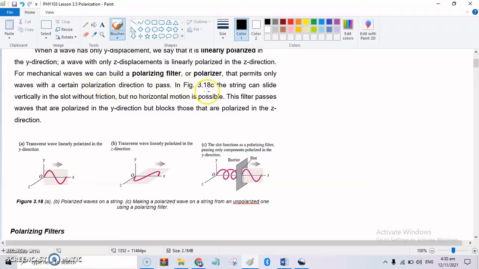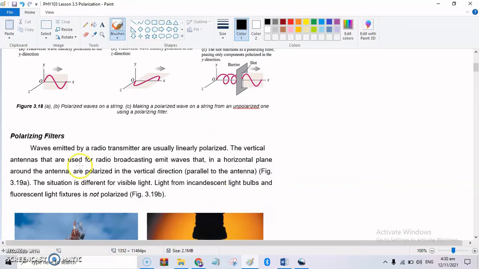In figure 3.18c, the string handle can slide vertically in the slot without friction, but no horizontal motion is possible. And this filter passes waves that are polarized in the y direction but blocks those that are polarized in the z direction. Waves emitted by a radio transmitter are usually linearly polarized.